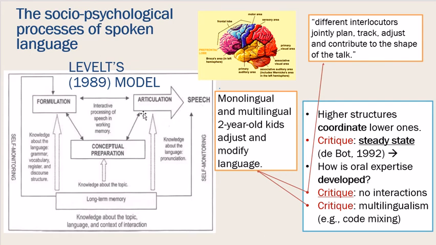In order to articulate the knowledge or the concepts that we have formulated, we use our articulatory organs, and we rely on the knowledge about language, about pronunciation, and other things. So there is an interaction between all of these stages, between articulation and formulation, and articulation and conceptual preparation.